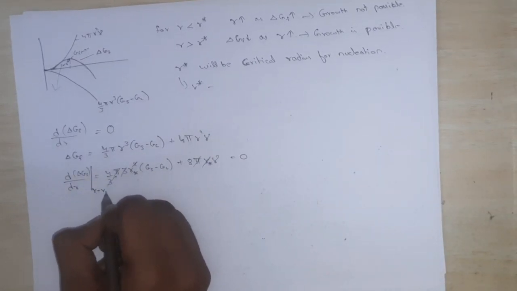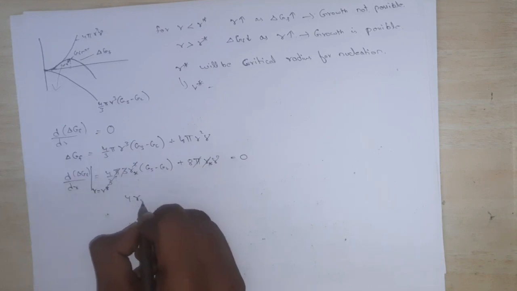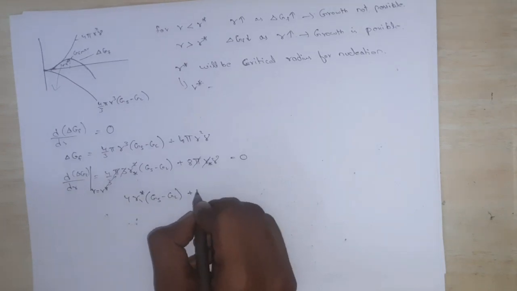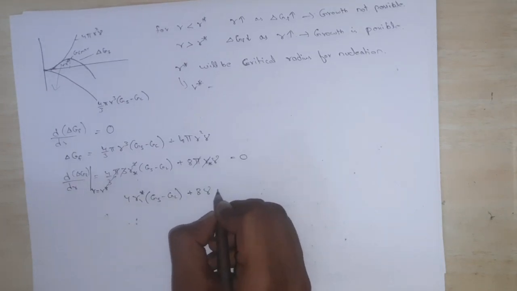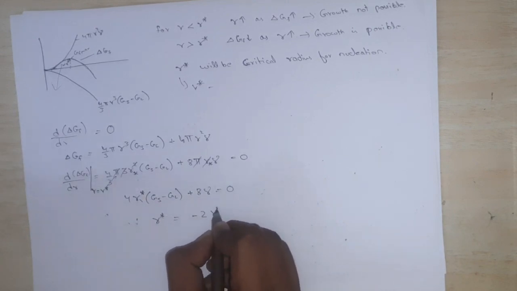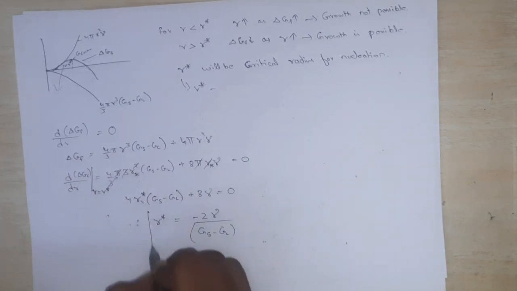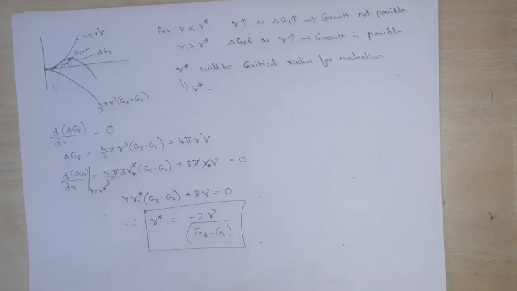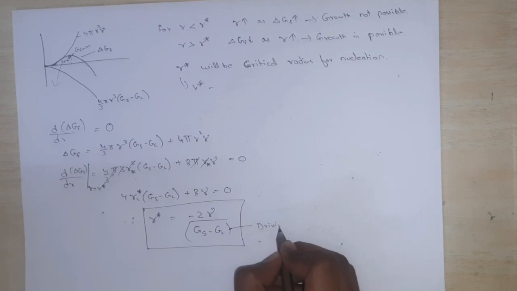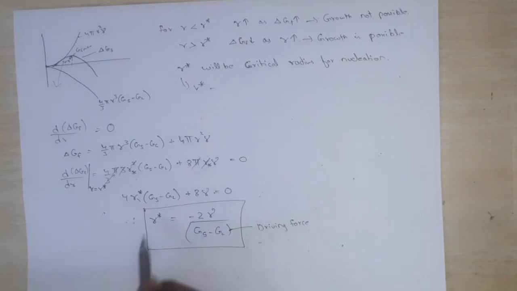This is at r equal to r star. So 4 r star (Gs minus Gl) plus 8 gamma equals 0. So r star will be equal to minus 2 gamma divided by (Gs minus Gl). This is the expression for critical radius, and this Gs minus Gl is the driving force, which is inversely proportional to r star.